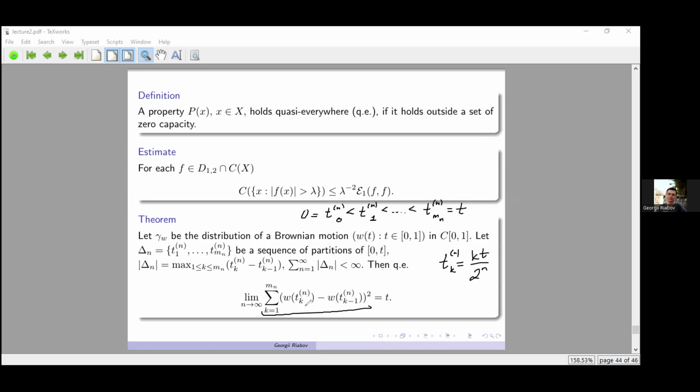One of the basic properties of the Brownian motion is that this sum of increments squared converges to t almost surely. But in fact, we have a much stronger statement: the convergence is not only almost sure, but the convergence is quasi everywhere.